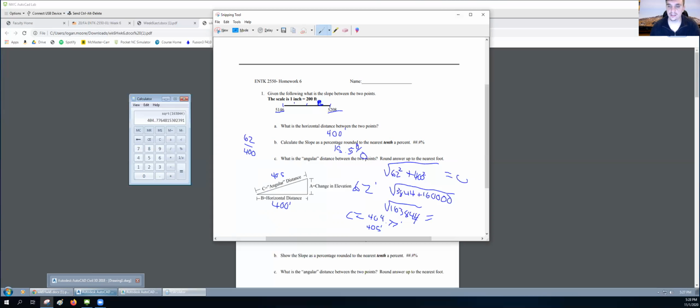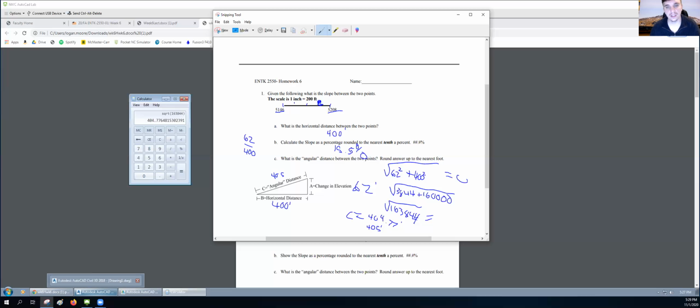Another thing that is important to note is that I want you to show if the slope is a positive or a negative slope, all right? Looking at this one, this first number is lower than the second number. So that means that this line would be increasing, so this would be a positive slope.